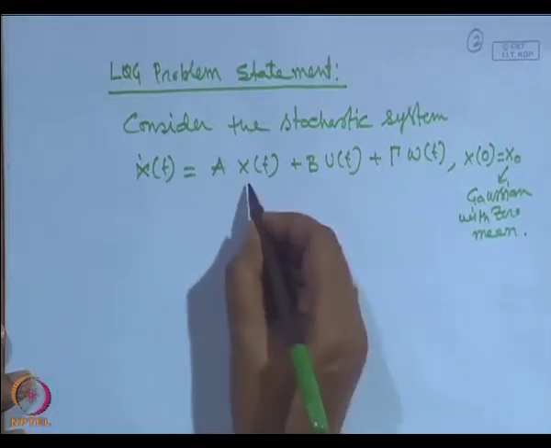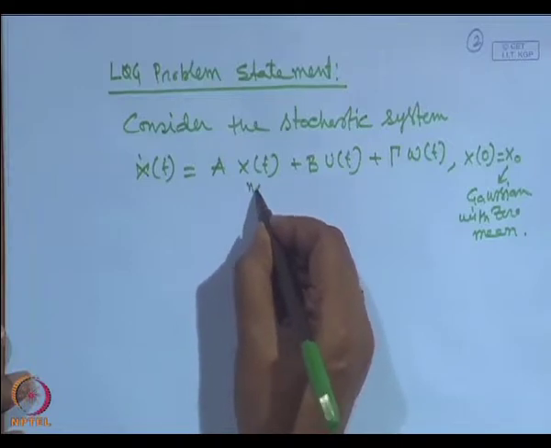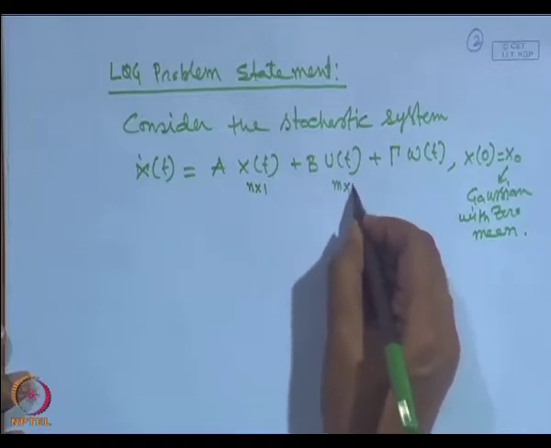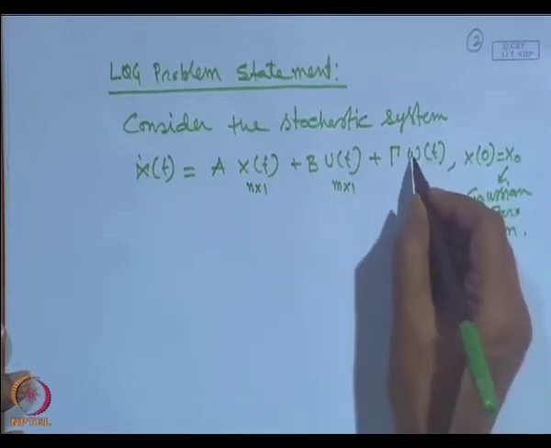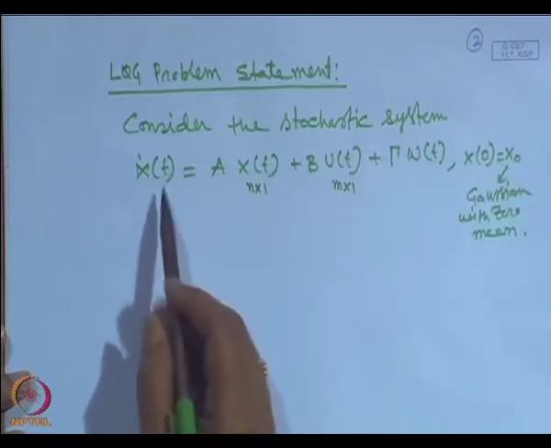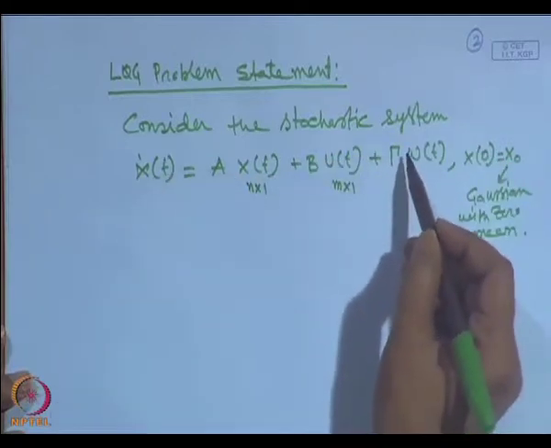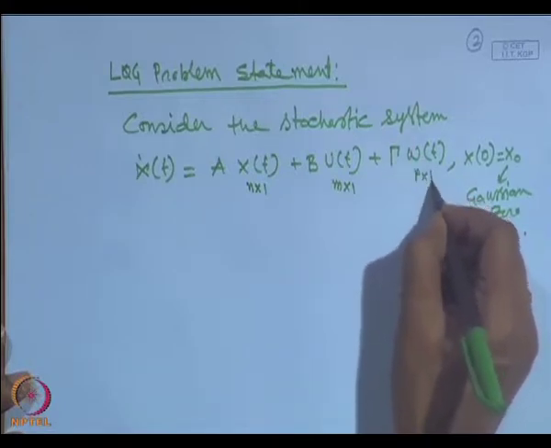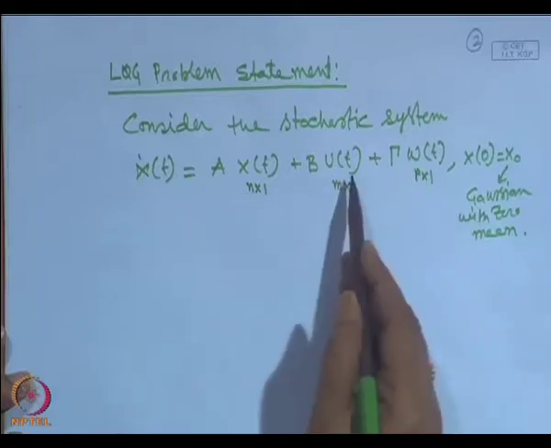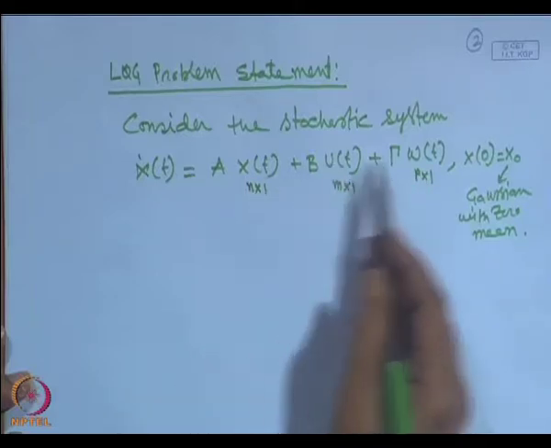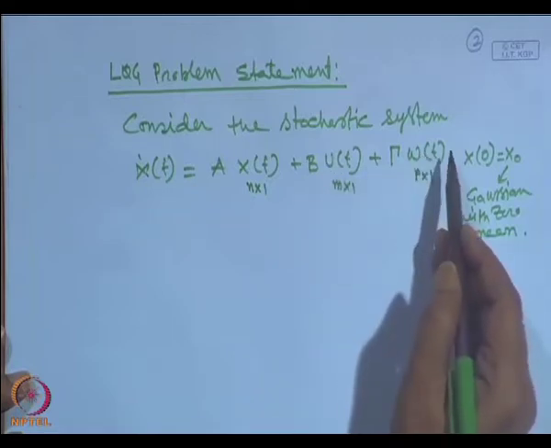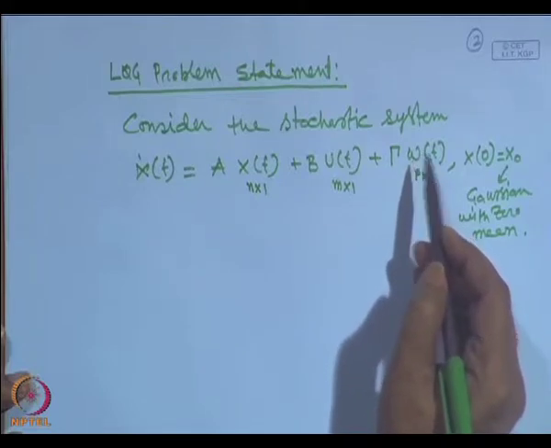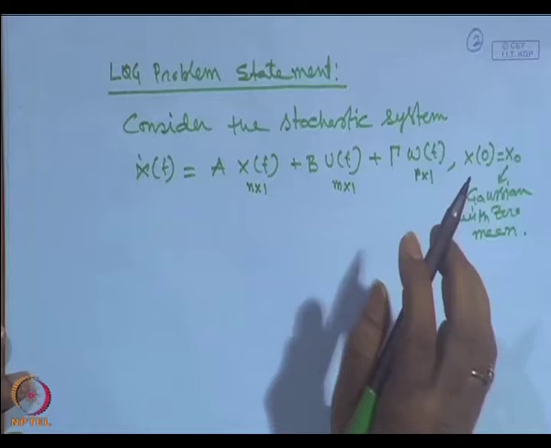Now, let us call the number of states in the system n, the number of inputs m, and the dimension of the noise w through the gamma channel small r into 1. Here w of t is the noise, a 0 mean white noise Gaussian process.